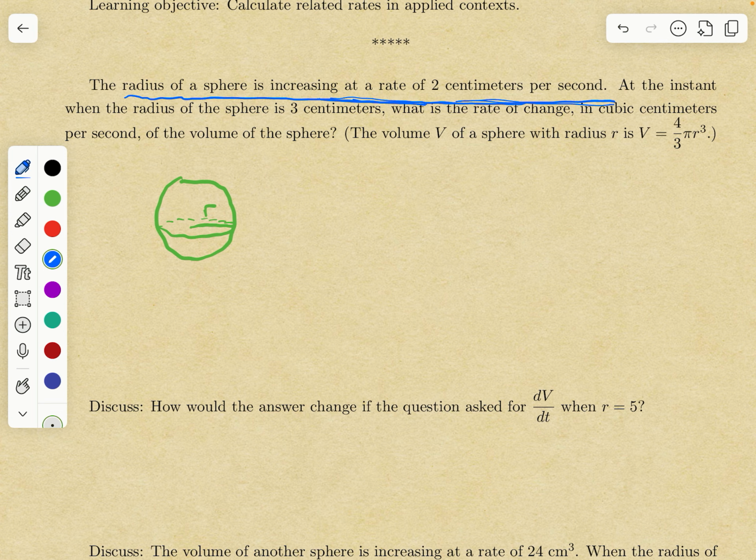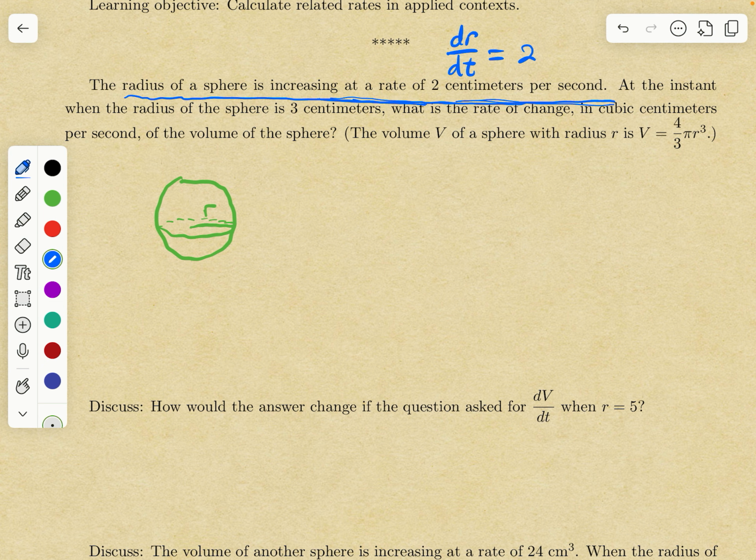Well, the rate of change of the radius over time is what we would call the derivative of the radius with respect to time. So this first sentence is saying that dr/dt is 2. Okay. And now let's continue reading. So we're given that dr/dt is 2. That's what we know from the first sentence.